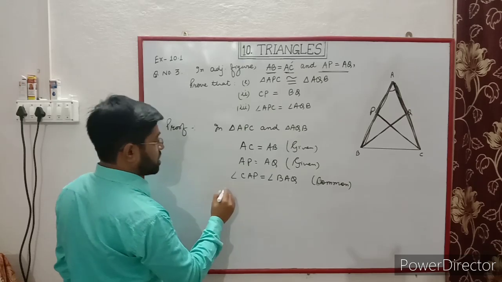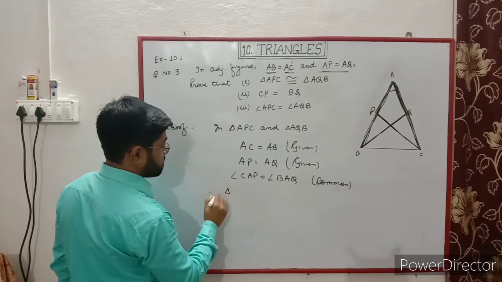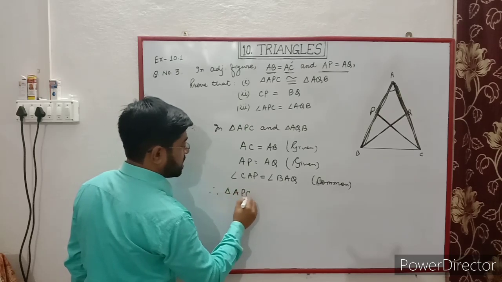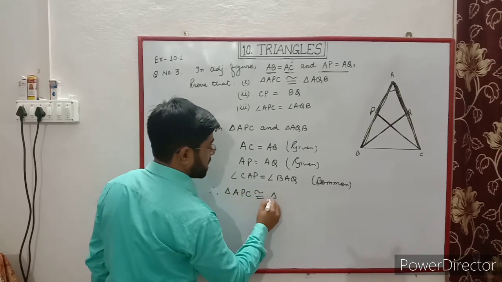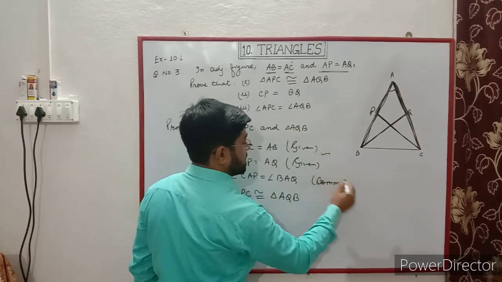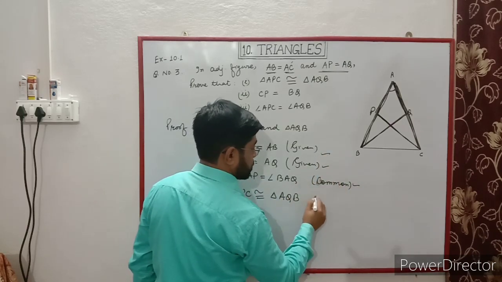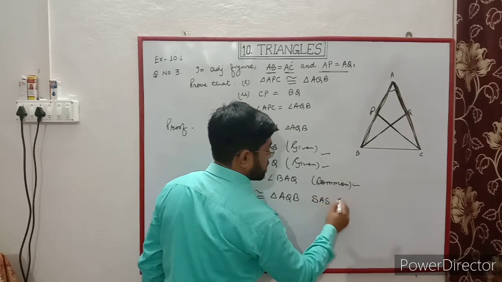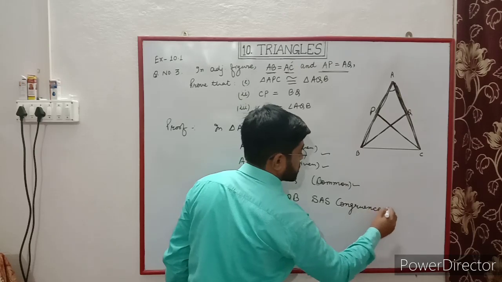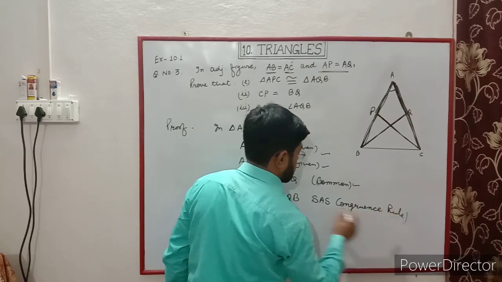Now both triangles are congruent, so therefore triangle APC is congruent to triangle AQB by the side angle side, SAS congruence rule.